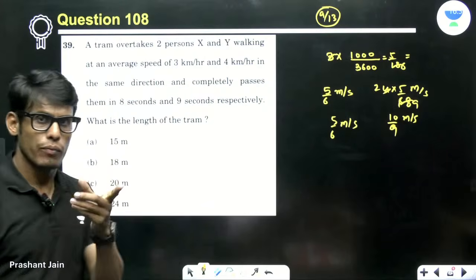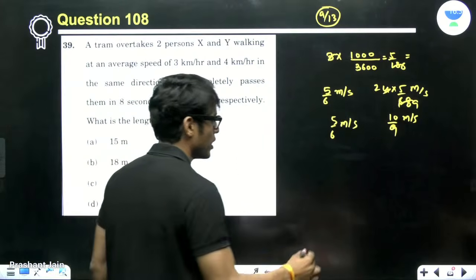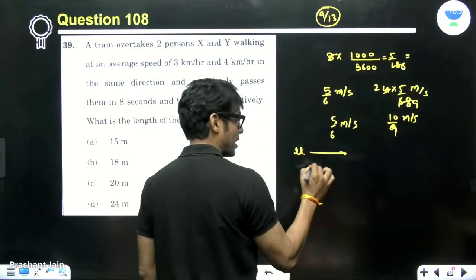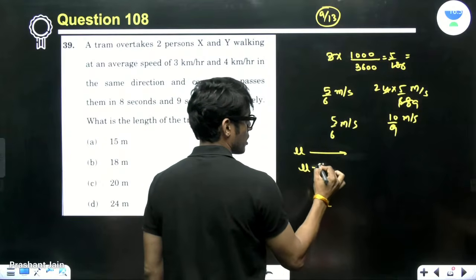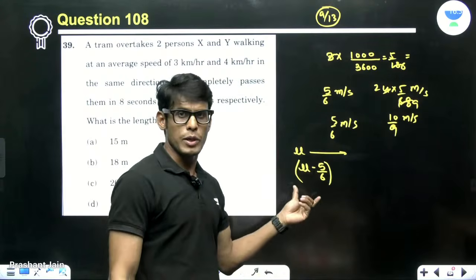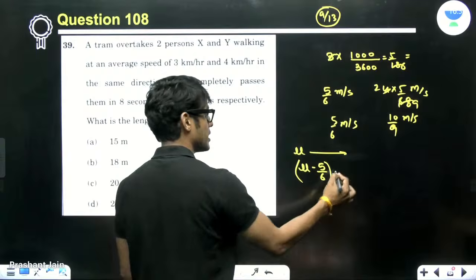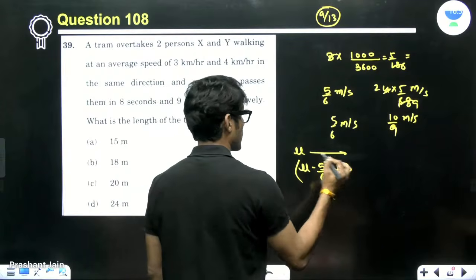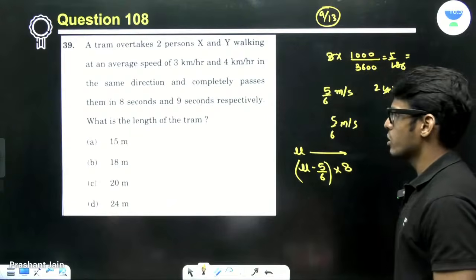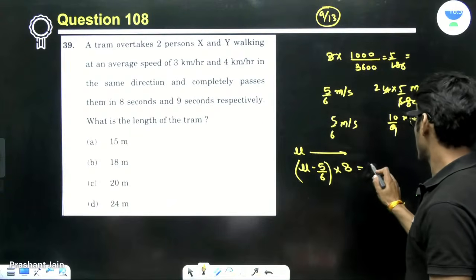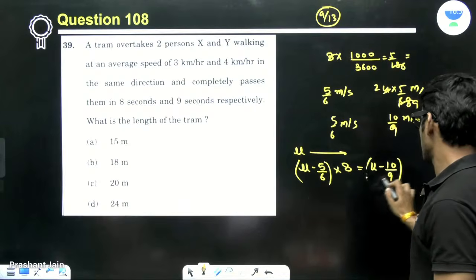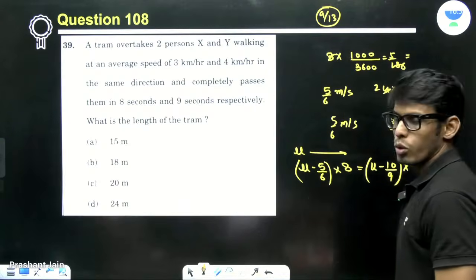Now, let the speed of the tram be u. It is moving like this. Again, the concept of relative speed: with relative to this person, the speed will be u minus 5 by 6 and it is taking 8 seconds to cross him. But if the speed gets subtracted like this, it is taking 9 seconds to cross.